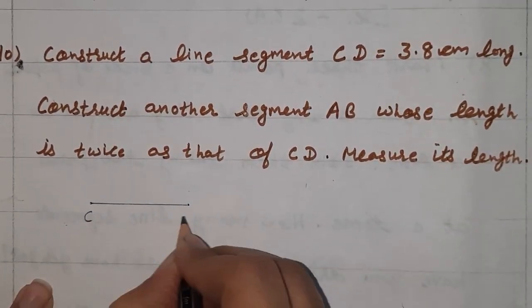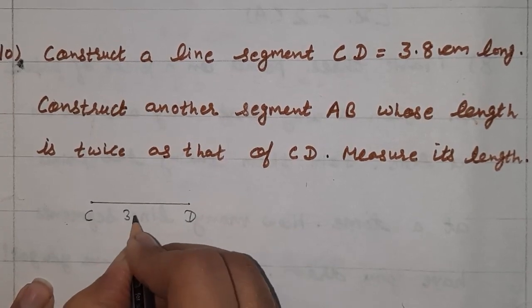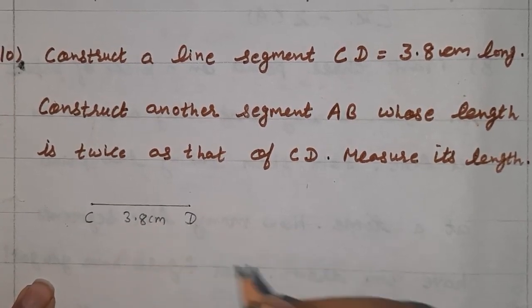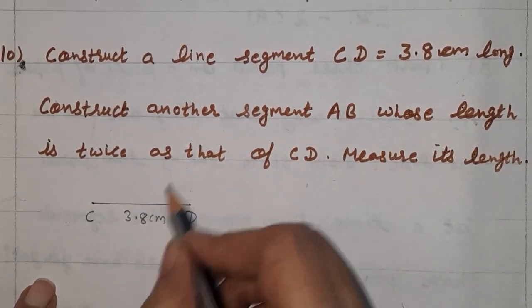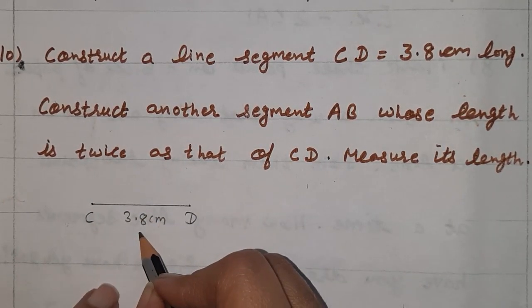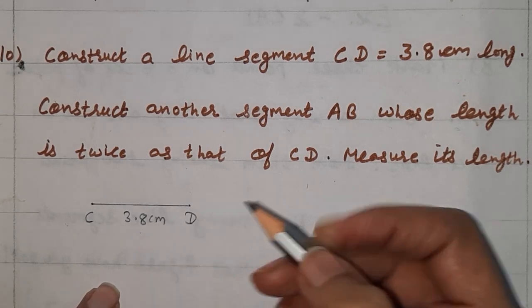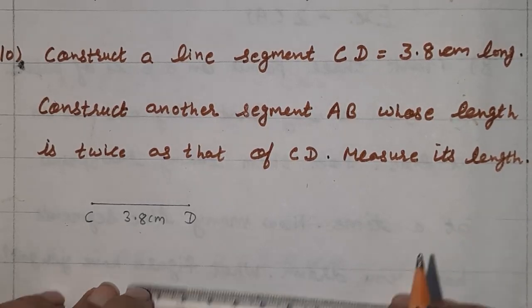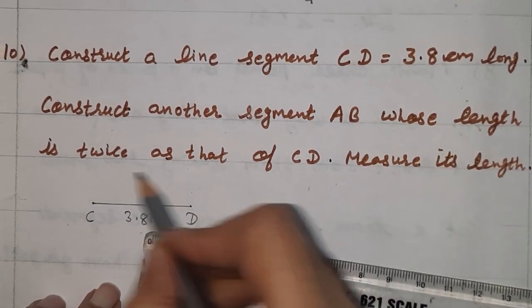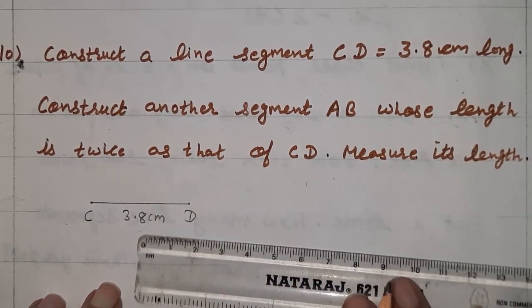CD 3.8 centimeter. Construct another line segment AB whose length is twice of 3.8. That is 7.6. Twice means double. 3.8 multiplied by 2 is 7.6. So, whose length is twice that of CD.